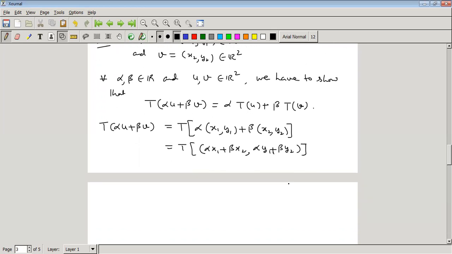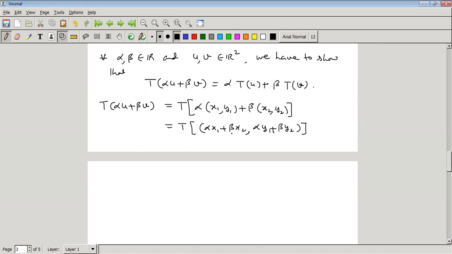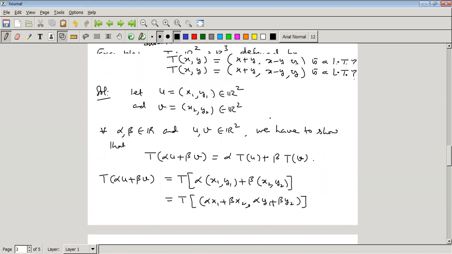This is the sum of two vectors. Now how we can define T?